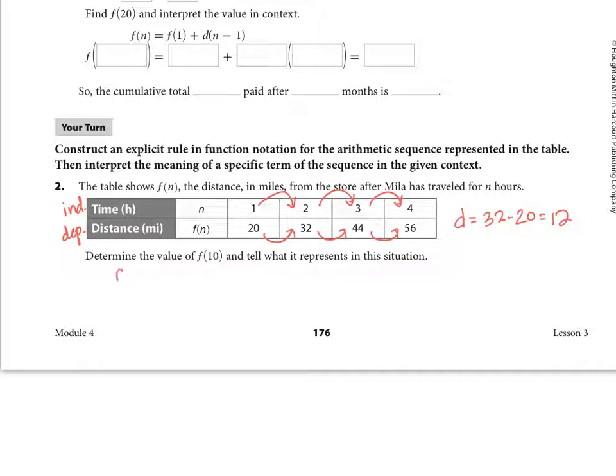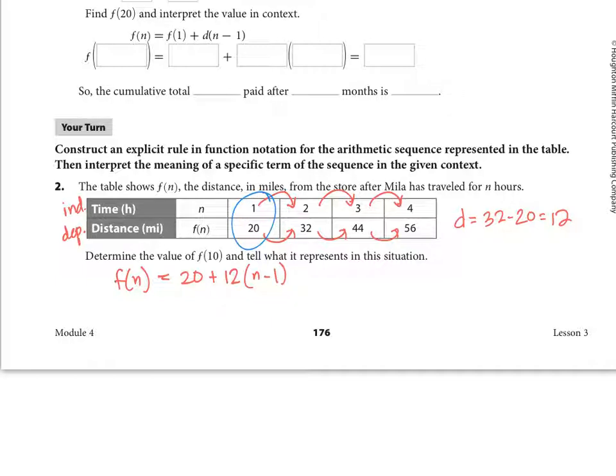So I know that f of n, so I'm writing my explicit rule now, is equal to my first term. And our first term, remember, is this where n is 1. So that's 20. And then my common difference, I'm going to be adding 12. And then we're going to write down how many times we're going to be adding 12. It depends on n, right? So it's going to be n minus 1.